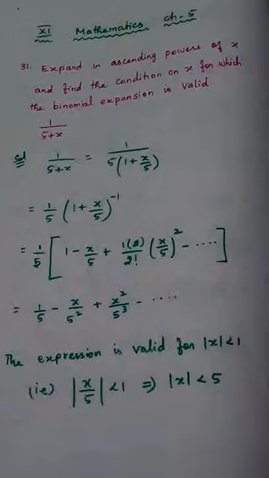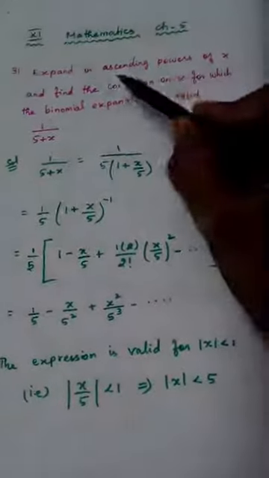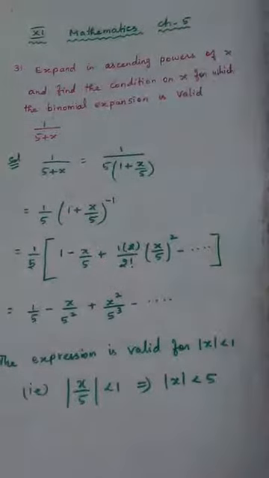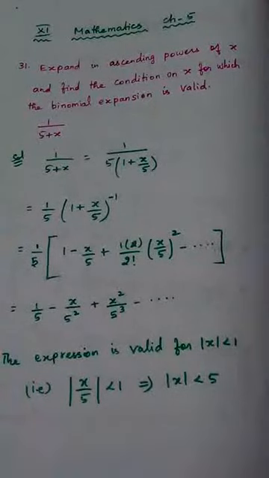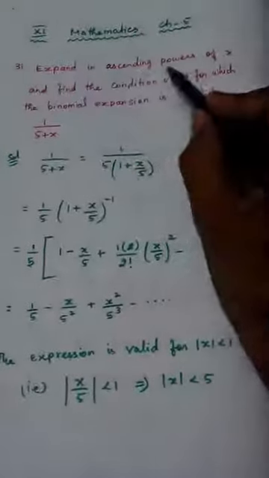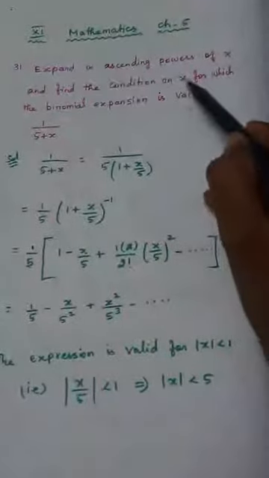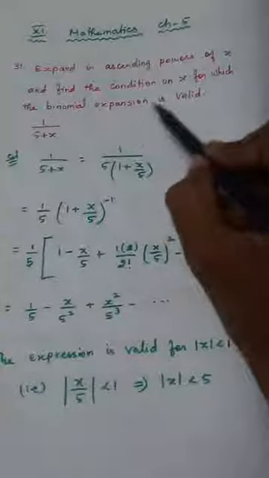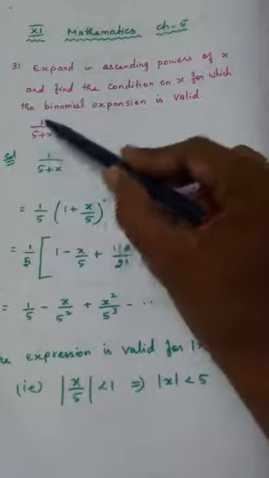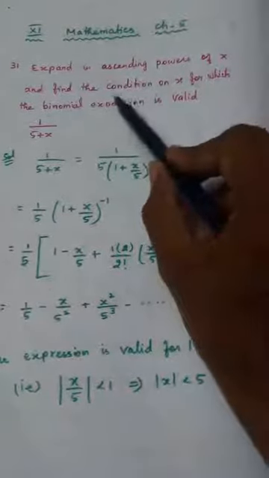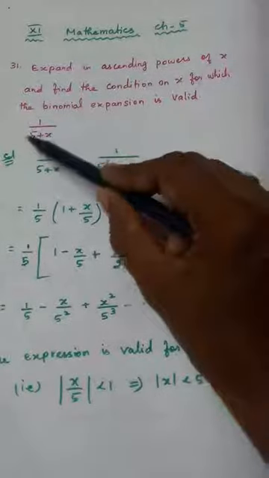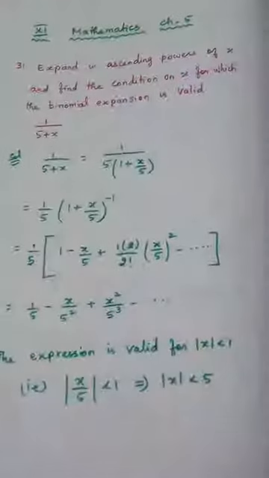Expand in ascending powers of x, you know ascending order means from lower to higher. So expand that in ascending powers of x and find the condition for which this expansion is valid. That is the second question. What is the condition for expanding this?